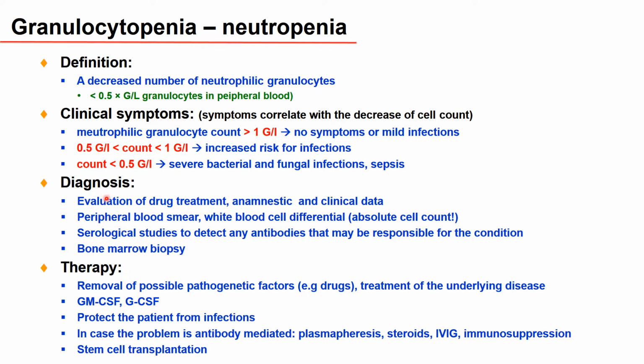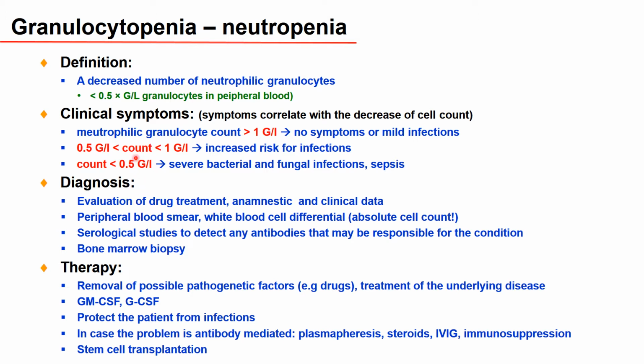Now, diagnosis. How are we going to diagnose granulocytopenia? First of all, we have to figure out what the problem was. The peripheral blood smear and white blood cell differentiation, the absolute cell count, will help us for sure. Another thing, the clinical data or the anamnestic symptoms can help us, as the patient could have a decreased granulocyte count, for example, if somebody had cytotoxic therapy or chemotherapy or radiation.